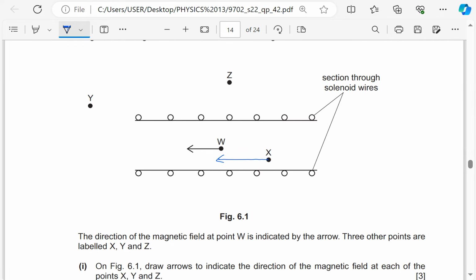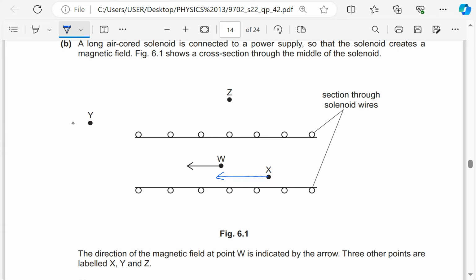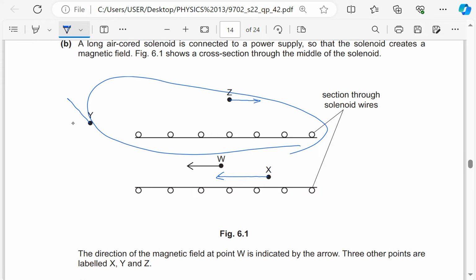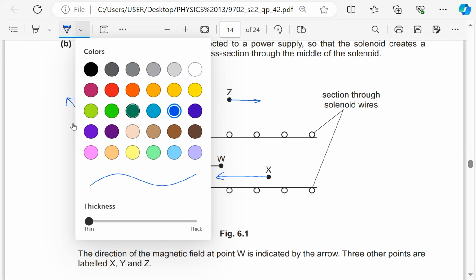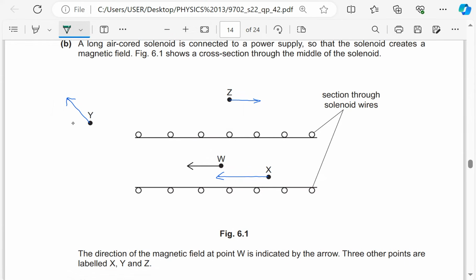Then of course Z is outside, so it would be like this. At Z it is going to be a horizontal line pointing to the right hand side. And of course at Y it is going to be a tangent, at an angle. If I draw a tangent to this, it is approximately at an angle of 45 degrees in this direction. Because if I was to draw a continuous loop here for the magnetic field, changing the color, I would draw something like this.